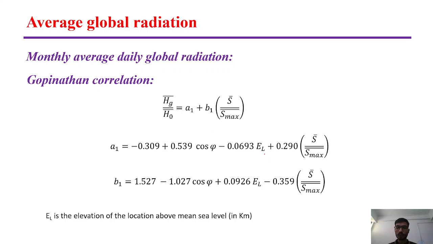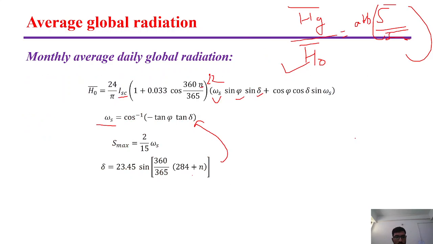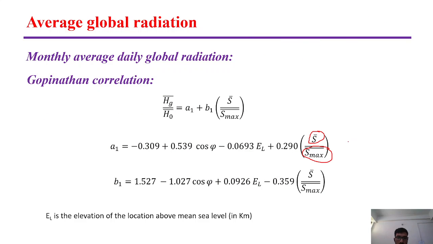El is the elevation of the location above mean sea level, that will be in kilometer. And S bar is already given, and S max we know, that is the maximum sunshine hours, which we can calculate as a function of omega s: S max is equal to 2 into omega s divided by 15. Similarly, based on these three parameters only, we can calculate the value for B also. So this is a general Gopinathan correlation.